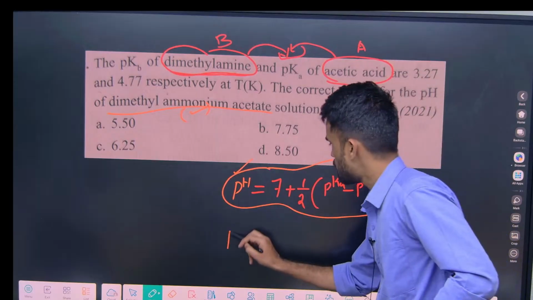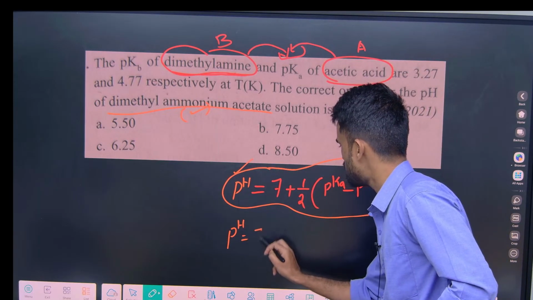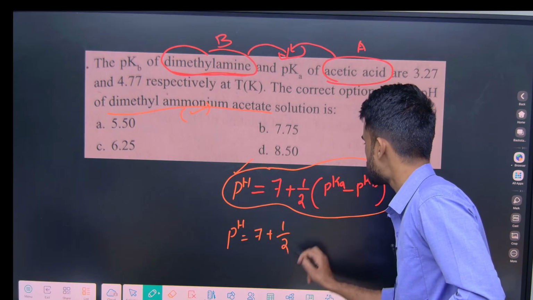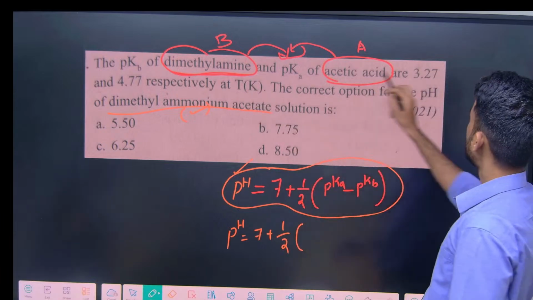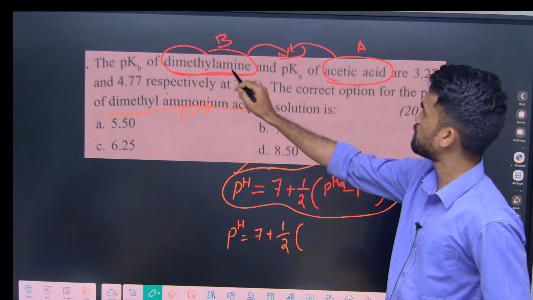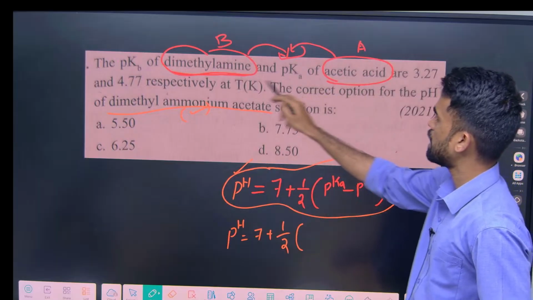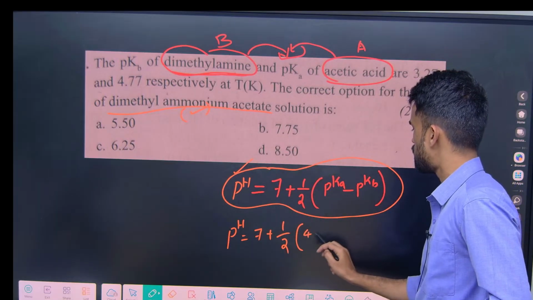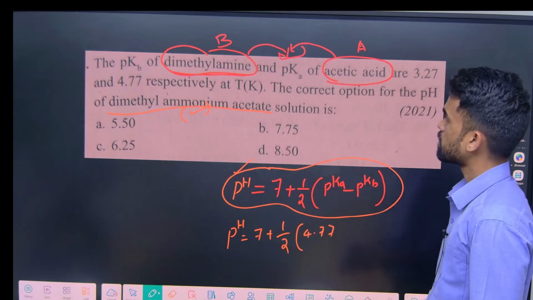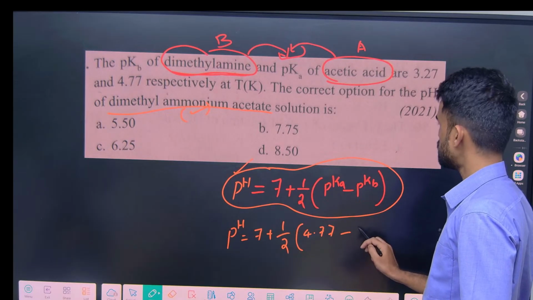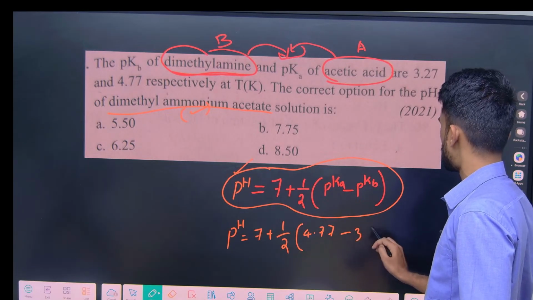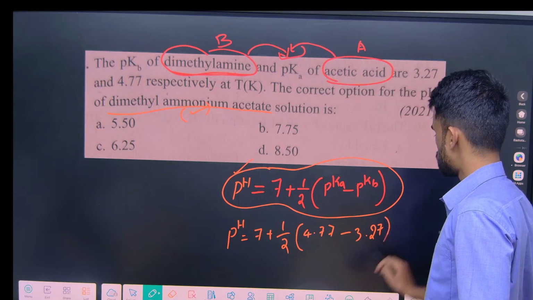So pH is equal to 7 plus half into, what is the pKa value mentioned? The pKb of dimethylamine is this much, and pKa is that much. So it is 4.77 minus 3.27. Now what is the value here?